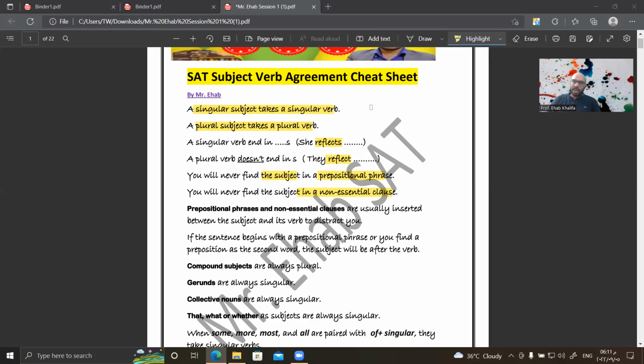It depends on the meaning, how important the piece of information is. Anyway, we have general rules. If you are asked about the main verb of the sentence, step 1, figure out the subject, please. So we have rules now. You will not find the subject in a prepositional phrase. You will not find the subject in a non-essential clause.